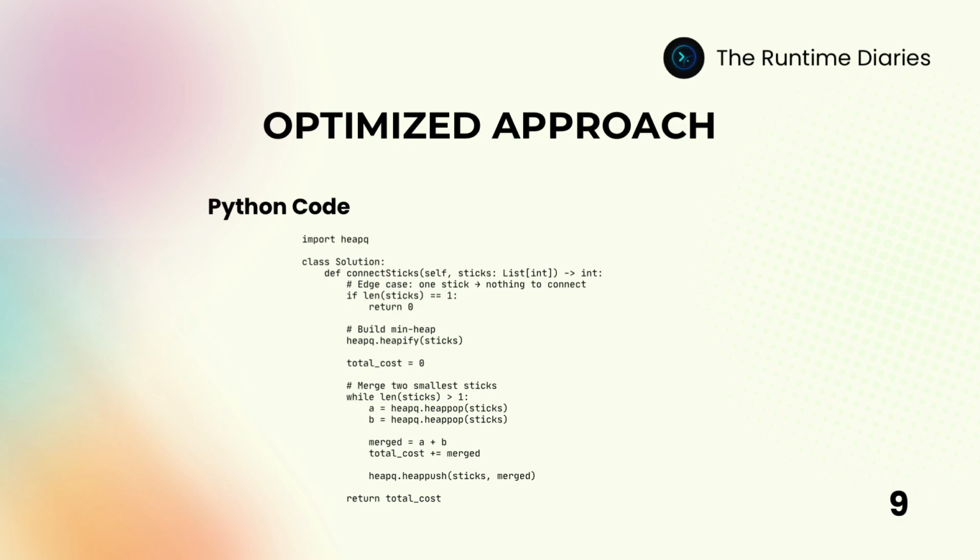Inside the loop, we use heappop to pull the two smallest sticks, merge them, add the cost to the total, and use heappush to insert the new stick back into the heap. Finally, we return the total cost. This is the most optimal version of the solution.